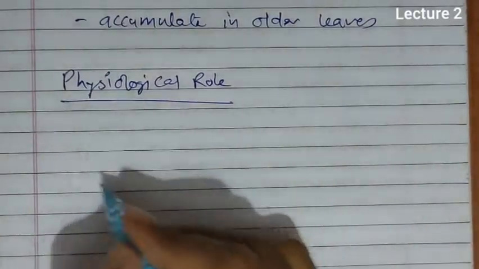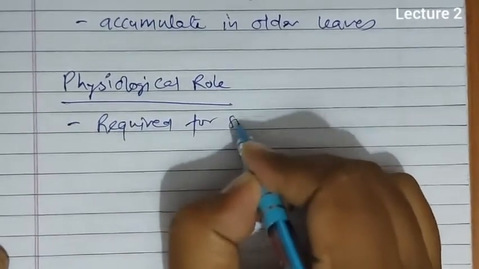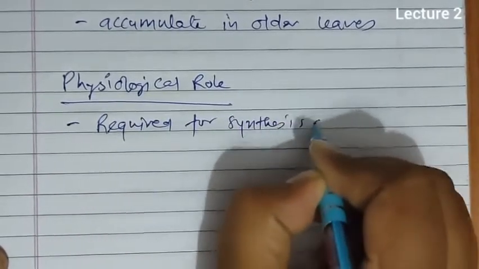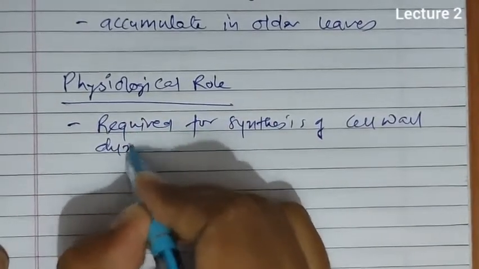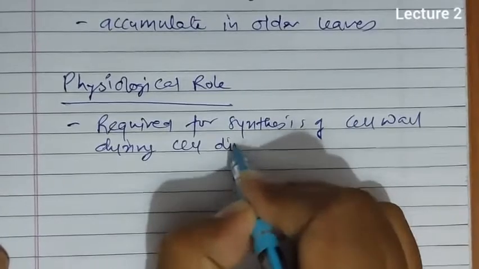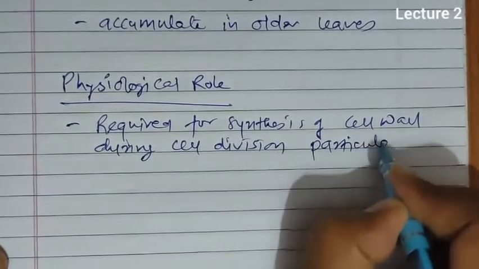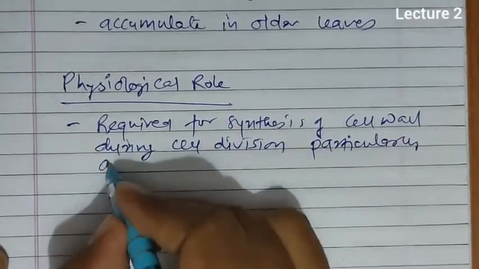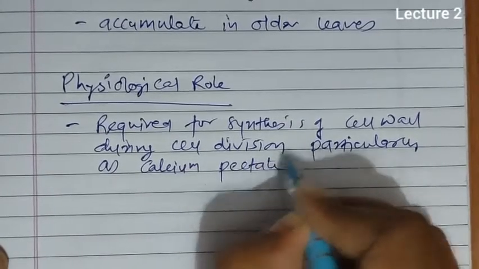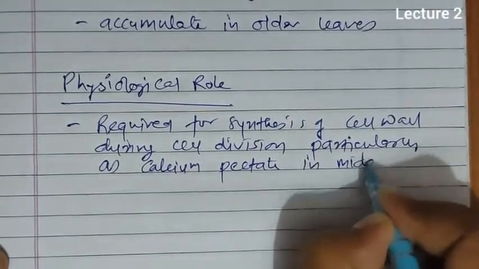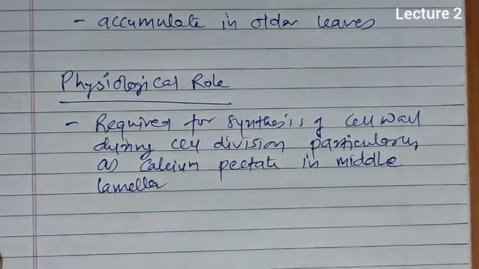When we talk about physiological role, it is required for synthesis of cell wall during cell division, particularly as calcium pectate in the middle lamella.